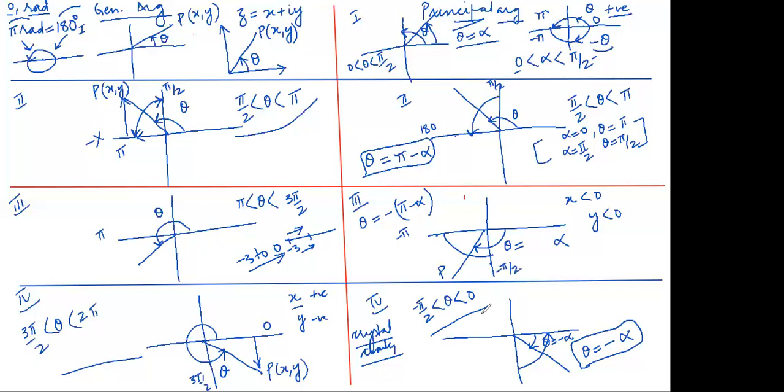So it will be minus pi by 2 less than theta less than 0. This angle is minus pi when I go in the clockwise direction. If I go in the anti-clockwise direction, the same angle becomes pi. Very good. Thank you very much.